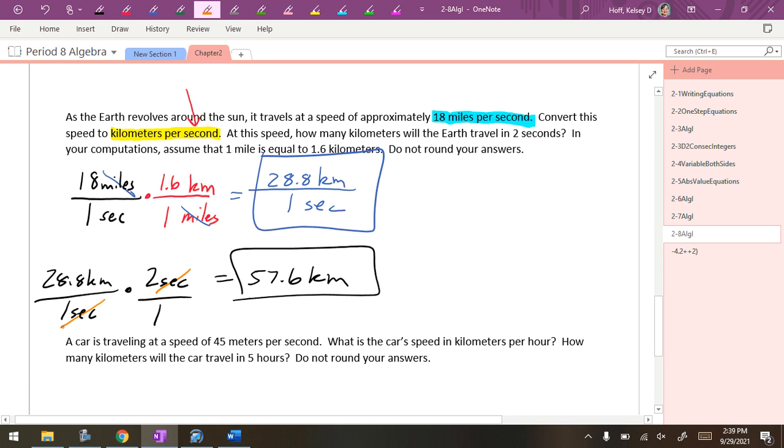A car is traveling at 45 meters per second. What's the car's speed in kilometers per hour? Now what's happening? What's different about this problem?